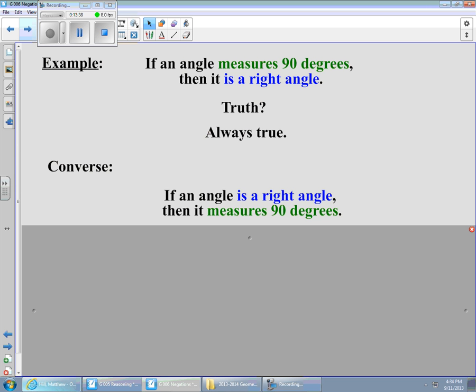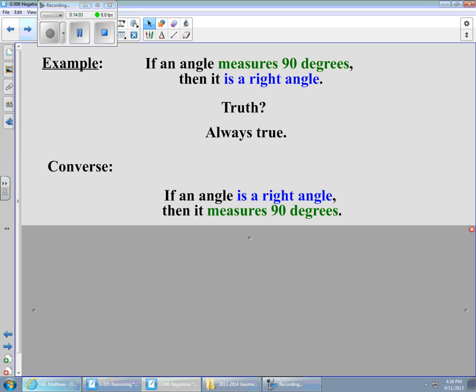Now take a moment here and notice I didn't move all of the words from the hypothesis and all of the words from the conclusion, just because the sentence still needs to make sense. And if you said, if it is a right angle, then an angle measures 90 degrees, there can be some ambiguity in that. But just keep the sentence making sense. Let's see if the converse makes any sense here or not. Let's evaluate the truth.